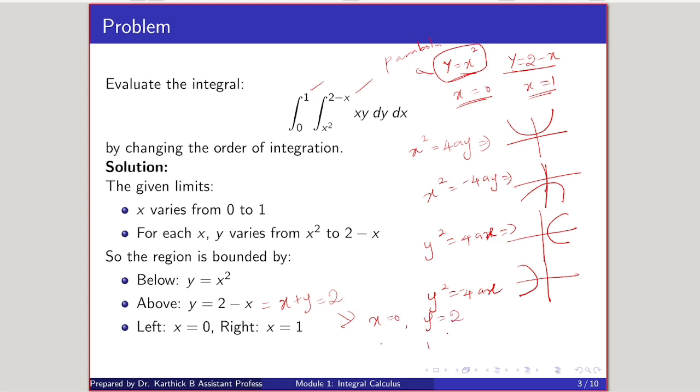If I substitute y equal to 0, then I get x equal to 2. From this, I am getting the two points (0, 2) and (2, 0). With this, clearly we can draw a line. The remaining, x equal to 0, is the y-axis, and x equal to 1 will be parallel to the y-axis.